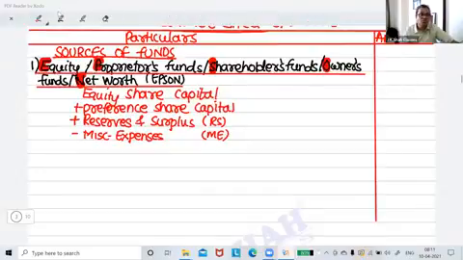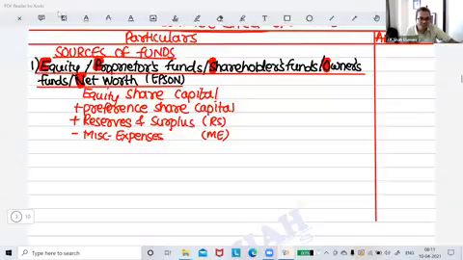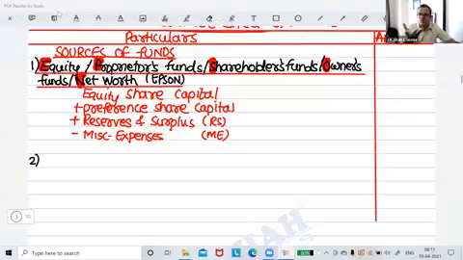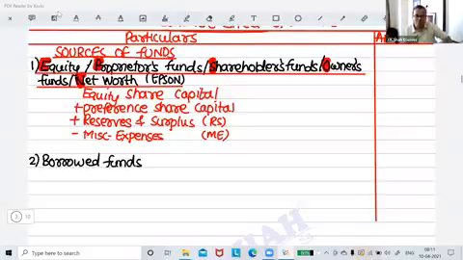Now the second one. Just now we discussed own money; now somebody else's money. So what do we call it? We call it borrowed funds. We can also call it debt.